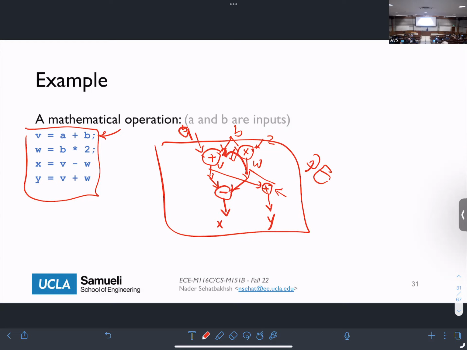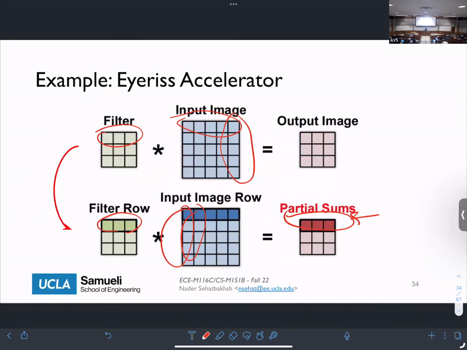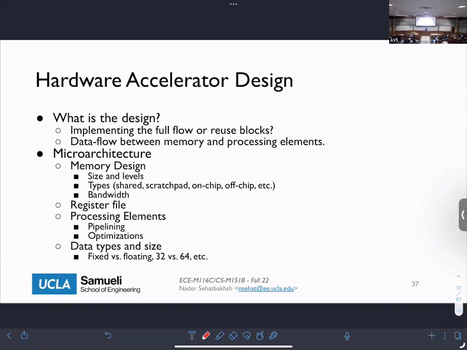This is a balance between whether I can do things in one cycle or whether I need to do it in multiple cycles. Remember, we had the same idea in our data path systems, right? We might have one adder and reuse that, or we might have multiple adders. So this is one of the big decisions that you need to make.